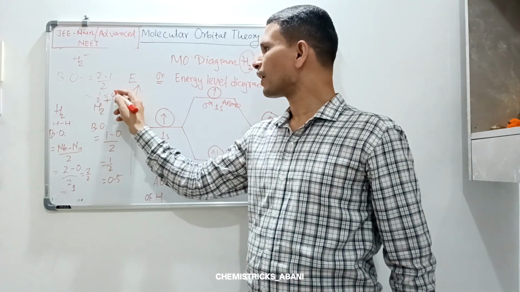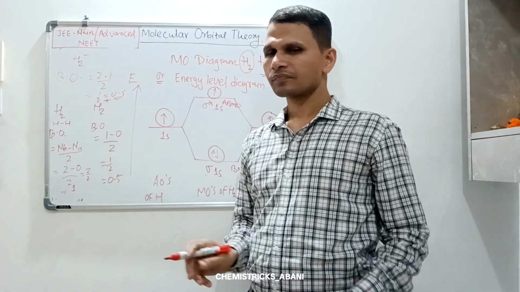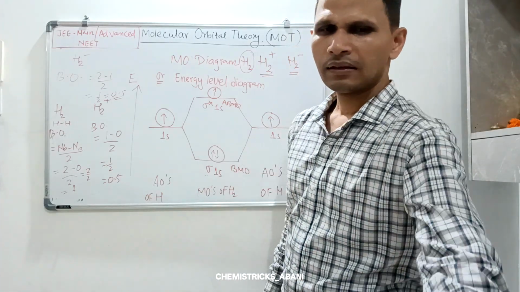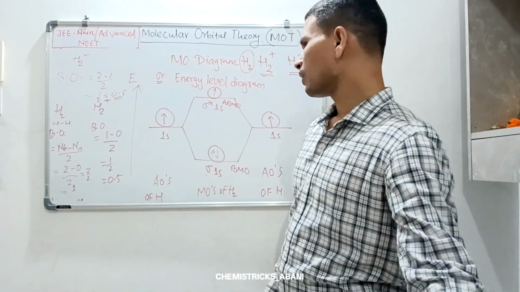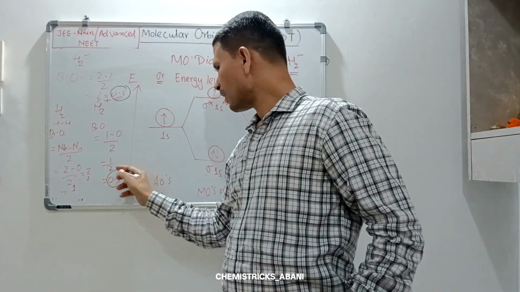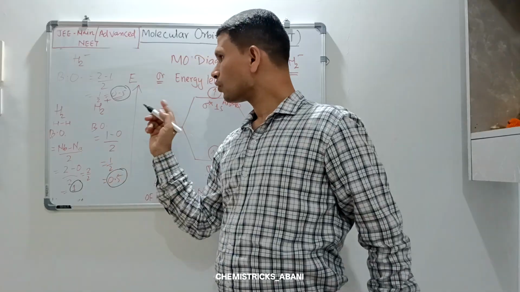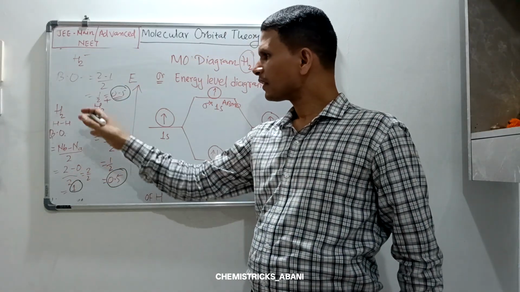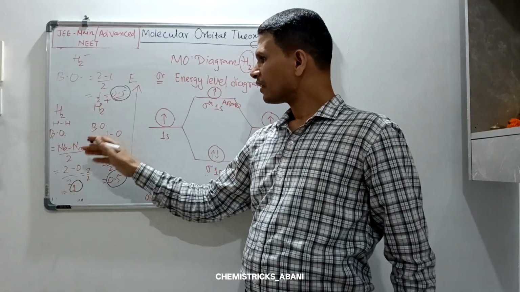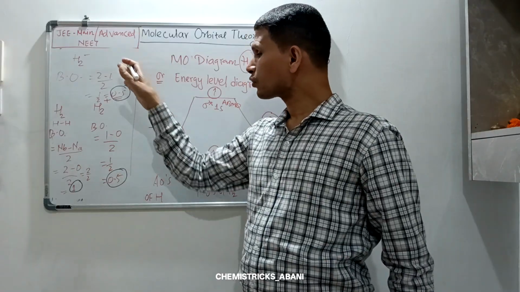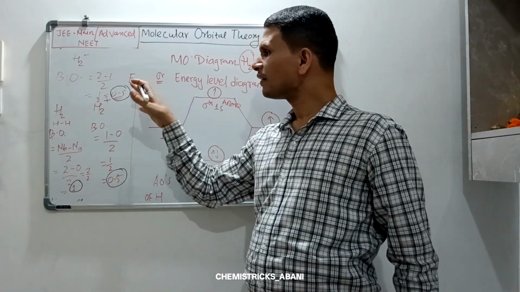Again it is 0.5. So whether it is bonding or anti-bonding, we see the bond order. Here the bond order is 0.5, here it is 0.5, here it is 1. So two bond orders are the same and one is greater. The bond order of hydrogen is more, and the bond orders of H2 plus and H2 minus are both less.